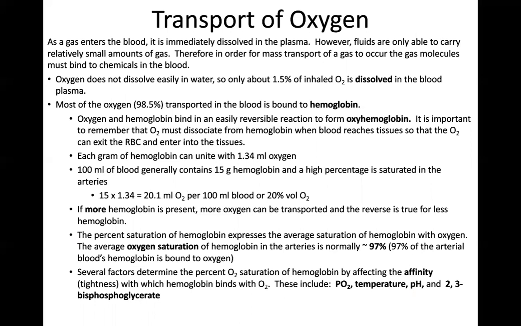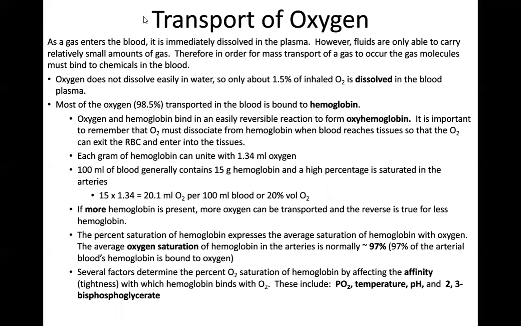I told you guys this when we talked about our blood lecture, but about 98.5% of the oxygen carried in our blood is bound to hemoglobin. 98.5% is not 100%, so that does leave us with about 1.5% that's just dissolved directly in the blood plasma.